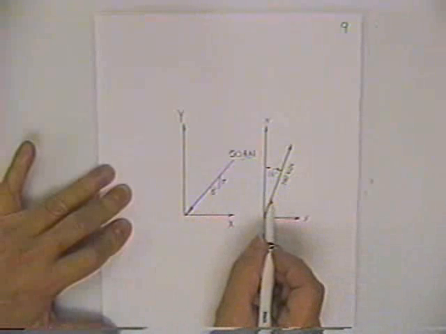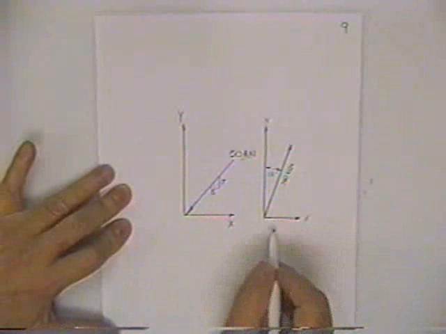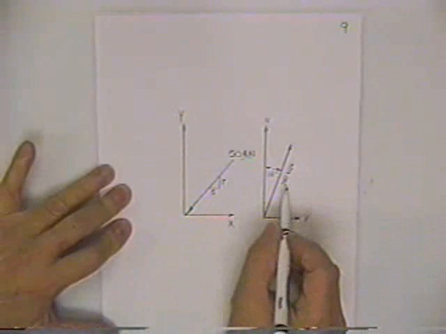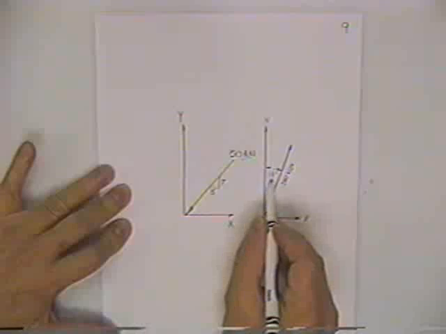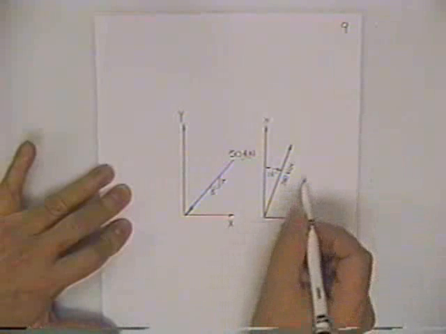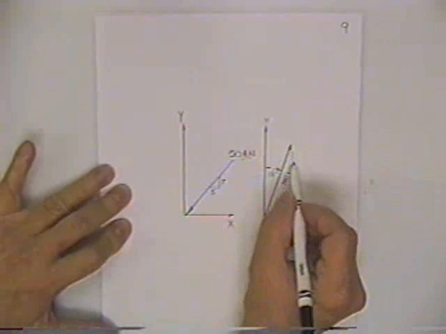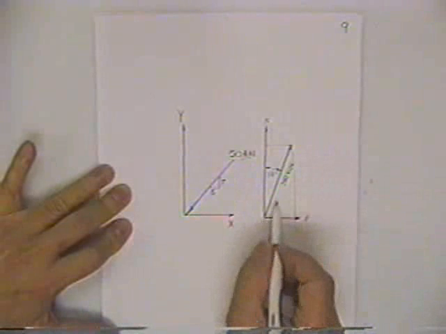There's two ways they would give you a force. Many times you will need to determine the component of these forces on a set of axes. They could give you the force and give you some angle, perhaps with respect to the vertical axis, perhaps with respect to the horizontal axis. You can draw a box around this force.